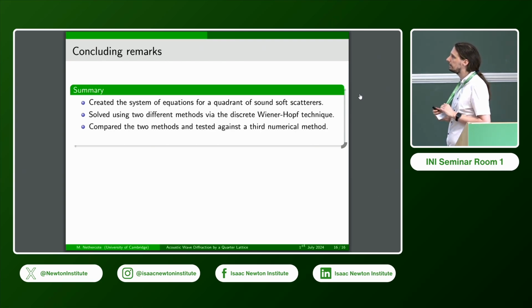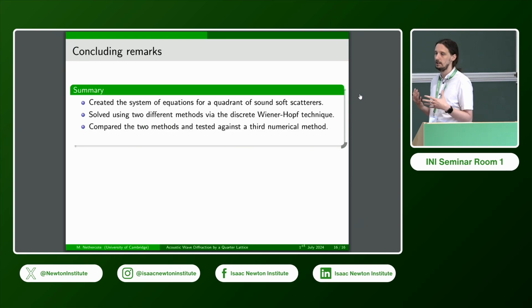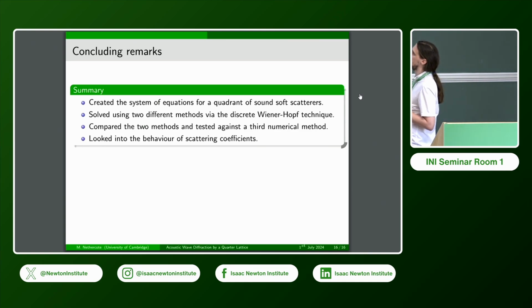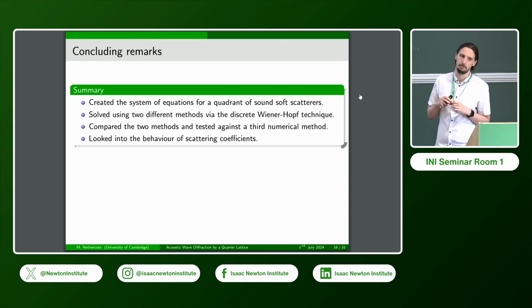We've compared the two against each other as well as against a third numerical method, and we found that despite the fact that these methods are quite independent from each other, they agree very well. We've also been looking into the behavior of the scattering coefficients to see if we can glean any information about the effective wave numbers.